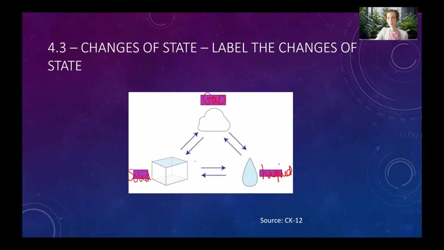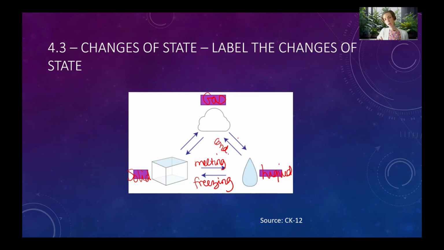That's melting, right? What about a liquid to a solid? That's freezing, right? What about going from a gas to a liquid? That's condensation, right? I'm just going to abbreviate.